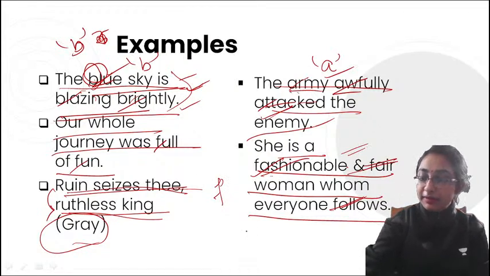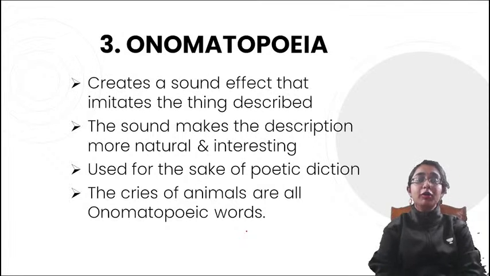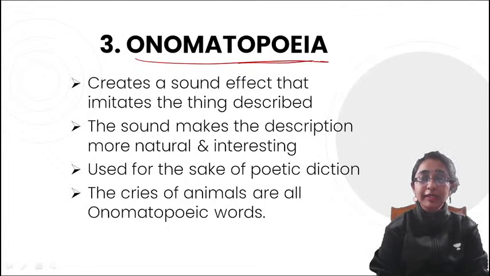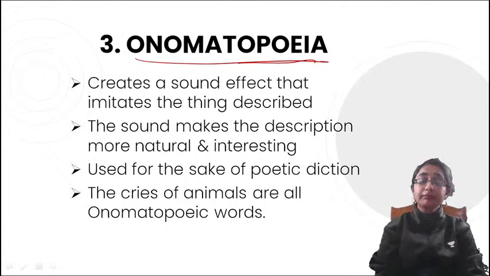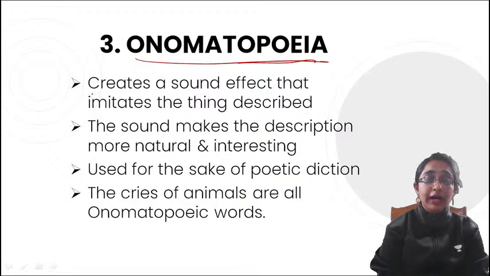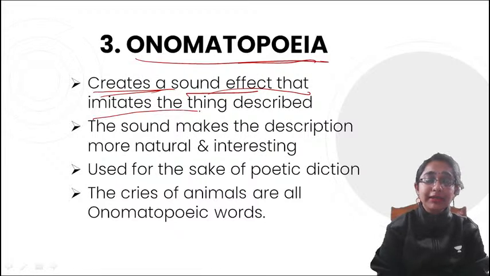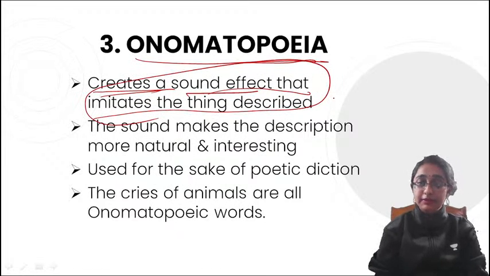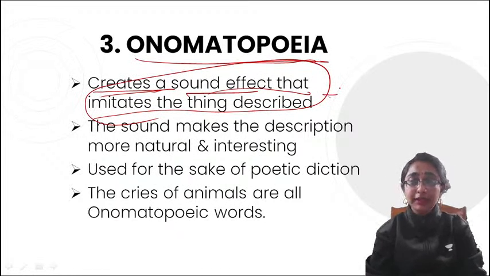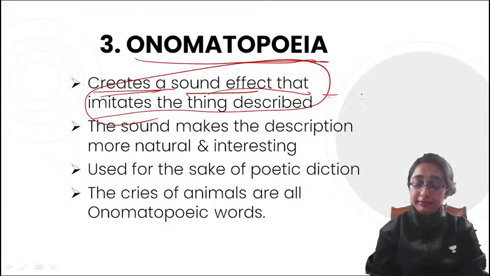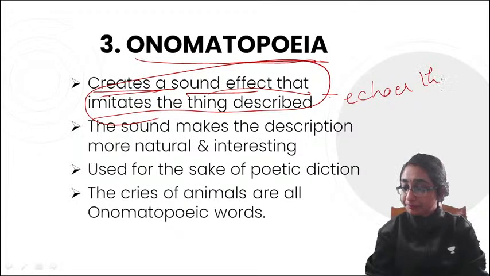Okay. Now next, onomatopoeia, another figure of speech based on sound. Onomatopoeia actually creates a sound effect that imitates the thing described. So onomatopoeia is actually a particular sound that echoes the sense.